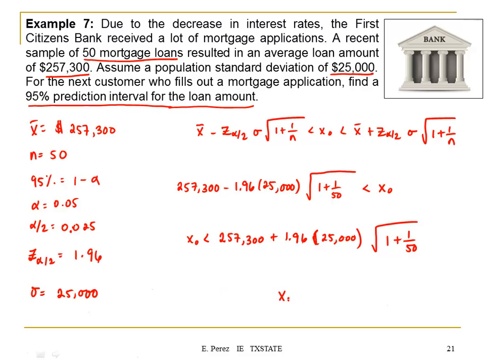Finally, we can state the final numbers: 207,812.43 and 306,187.57.